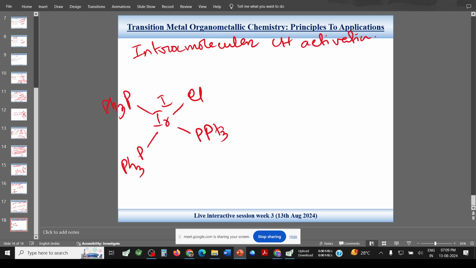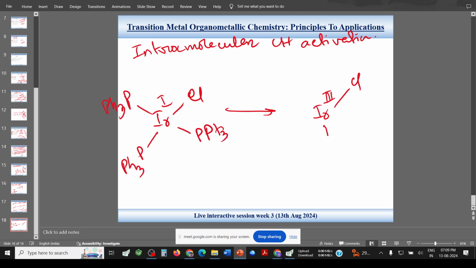Using this iridium catalyst, we can activate the carbon atom of one of the phenyl rings to go to another product like this. The iridium becomes Ir(III) and its coordination number also increases. This is called the oxidative addition pathway.